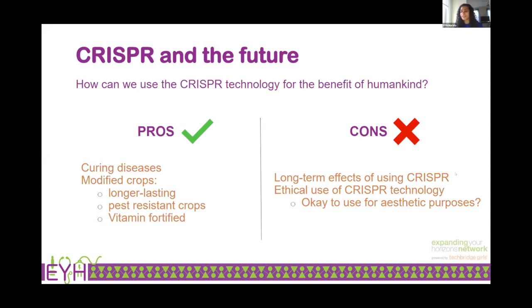But some of the cons are that CRISPR technology is relatively new, so we don't know the consequences, the long-term effects that using the technology can have. So we need to first understand it a little more before we can use it in medicine.